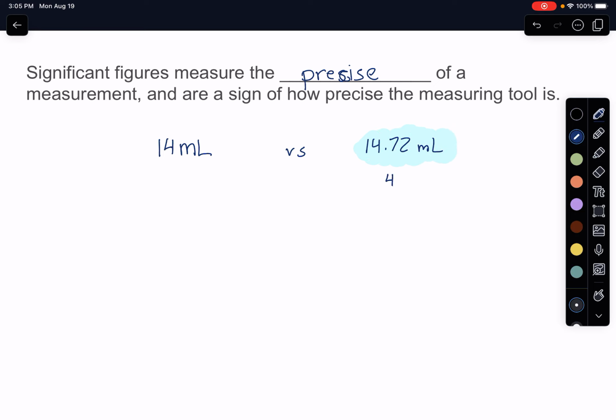This one here has a total of 4 significant figures, or sig figs, whereas this one here on the left only has 2 sig figs. If you know how to count the number of significant figures two measurements have, it's a really fast way to compare how valid those measurements are.